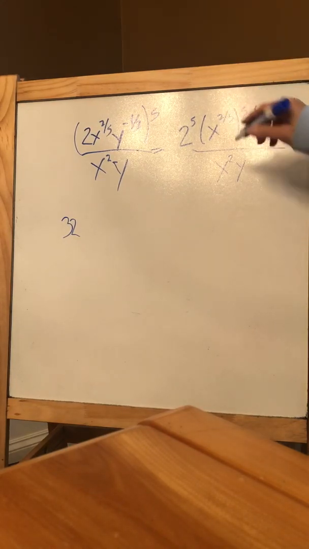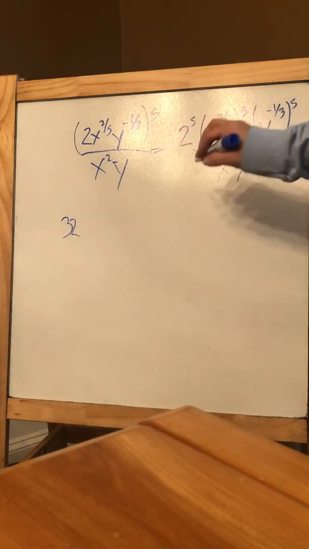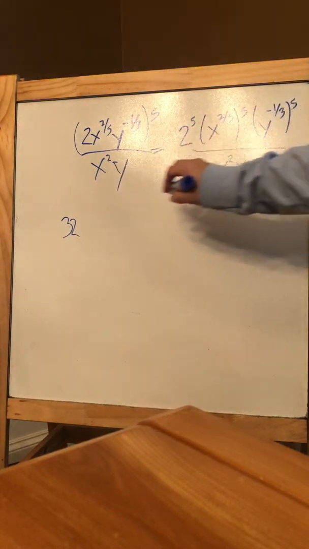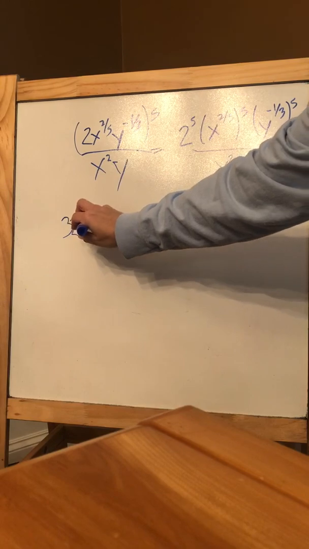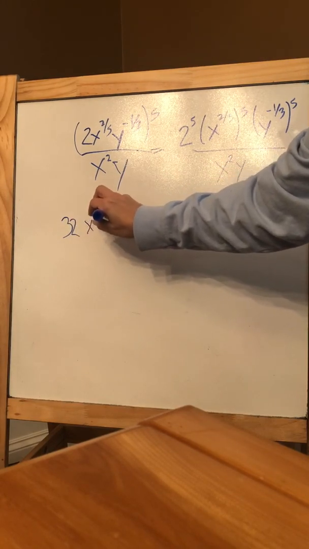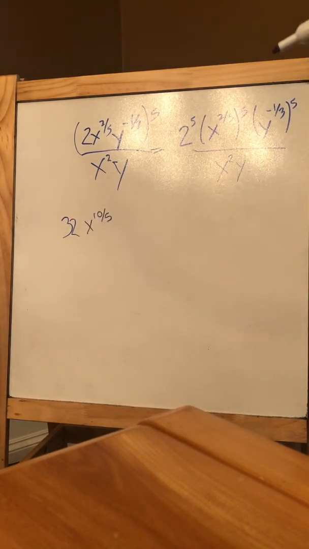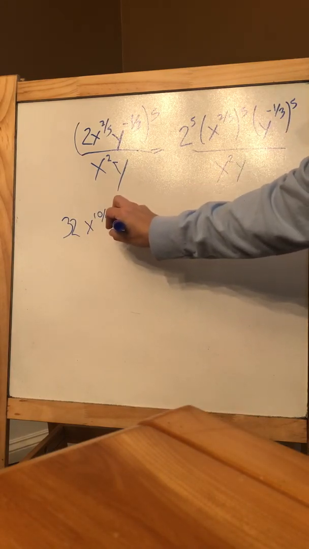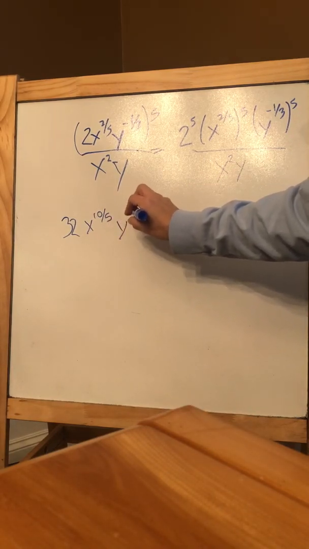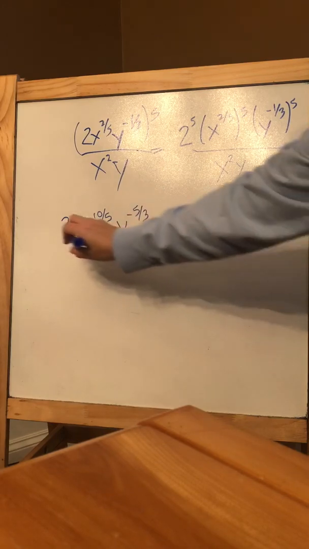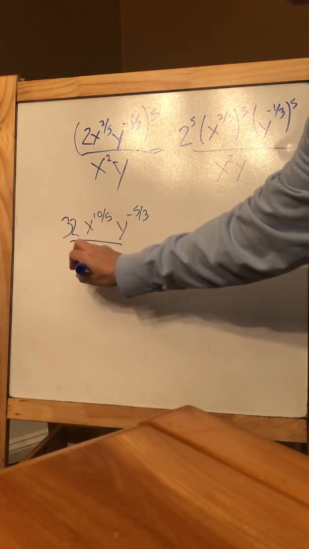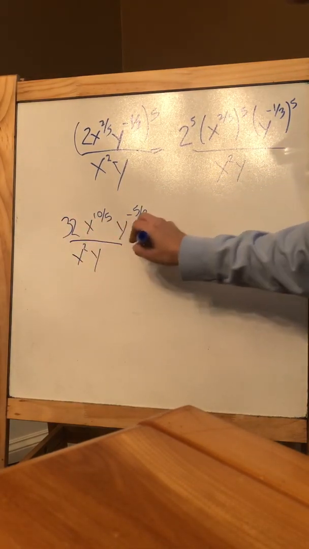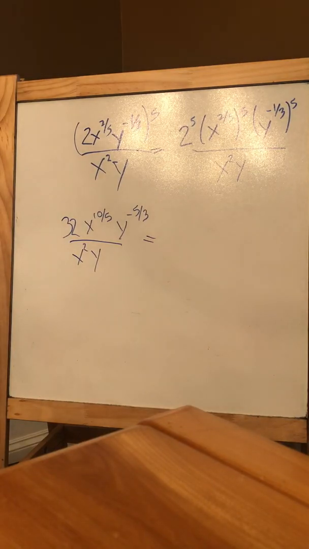So 2 times 5 is going to be 10, right? So we're going to end up with x to the 10 over 5, correct? How about here? We're multiplying negative 1 times 5. We're going to end up with y to the negative 5 over 3, and it's still all going to be over x squared y.